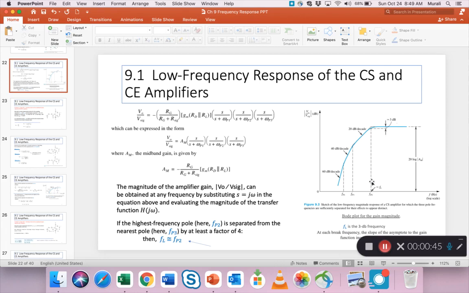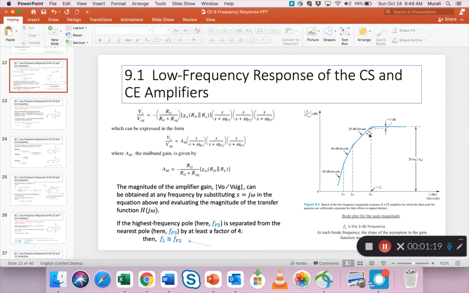First of all, we need to find a value for the minus 3 dB frequency, right? We need to know at what frequency we can say we have achieved the low frequency limit, below which, generally speaking, we cannot rely on the amplifier to be working efficiently or delivering the result that we want.